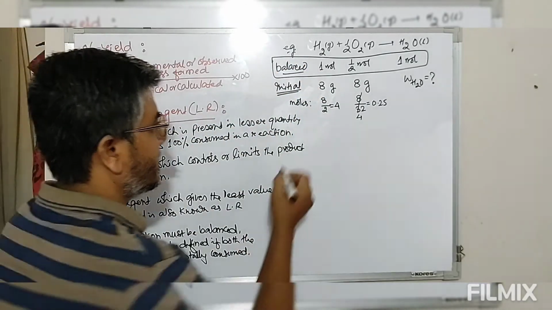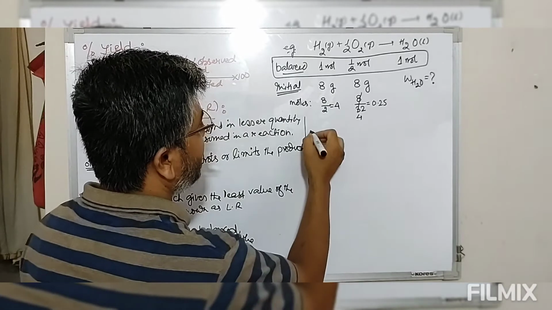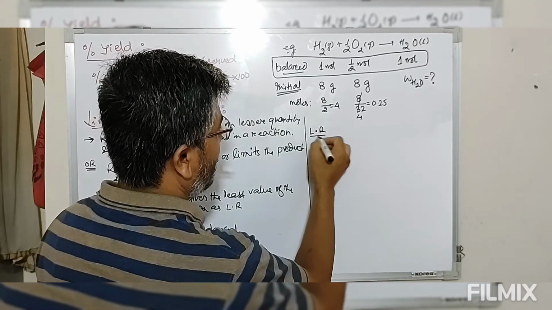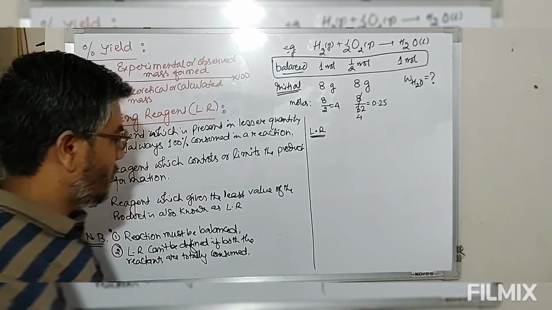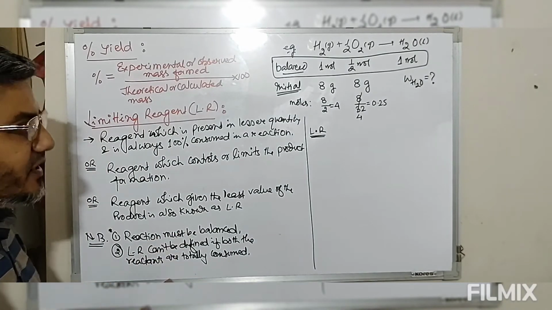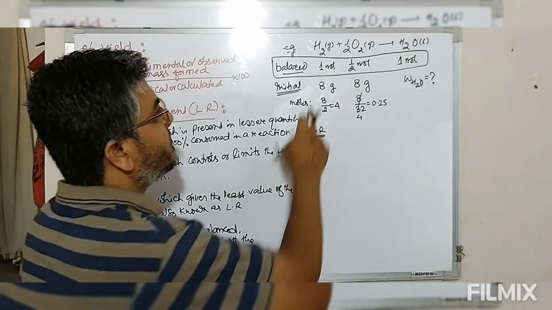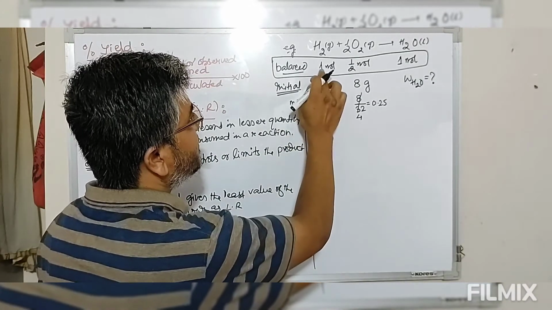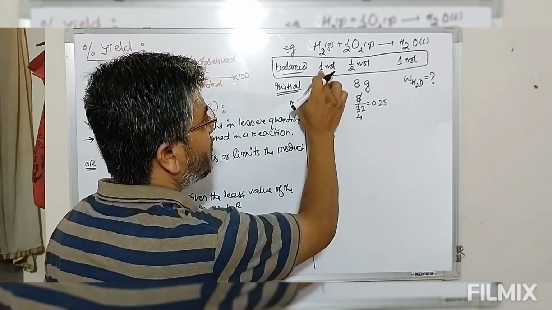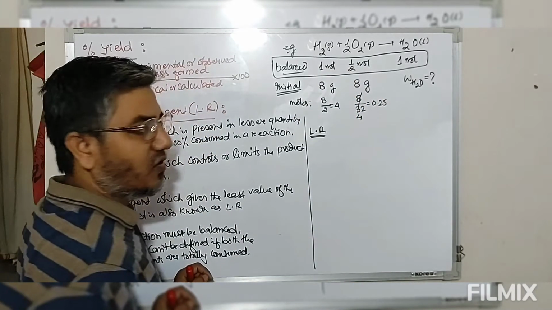Now first of all, we have to define the limiting reagent. As I told you, the first thing is we have to balance the chemical reaction, and the reaction is already balanced here. In the balanced reaction, 1 mole of hydrogen always reacts with half mole of oxygen.